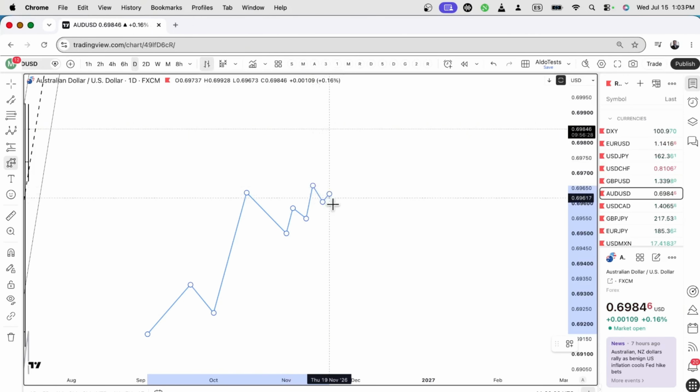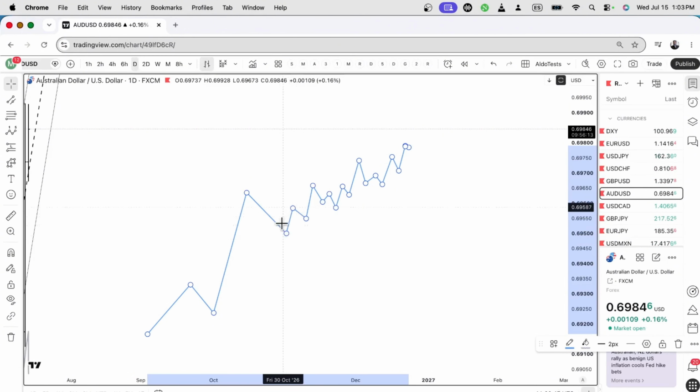So that's a very typical positioning of an ending diagonal. So when you can see that prices are really crawling up, but in a very corrective way, not in a very impulsive manner, but still moving in the direction of the trend, then we call them ending diagonals.